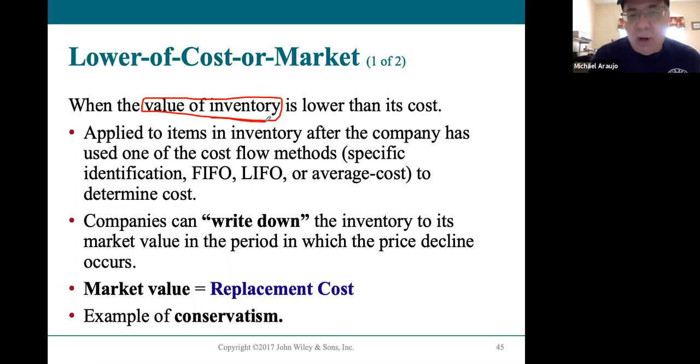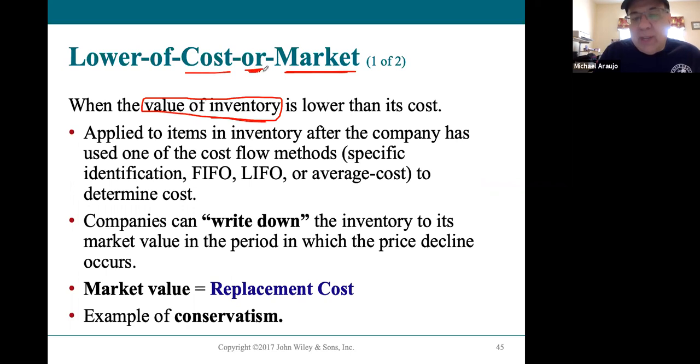So we usually mark our assets to the price that we paid for them, or the cost of it. But we also have to never overstate the value of an asset. And so in order to do that, we sometimes have to compare what we paid for it, which is the cost, versus the cost to replace it if we bought it again today.